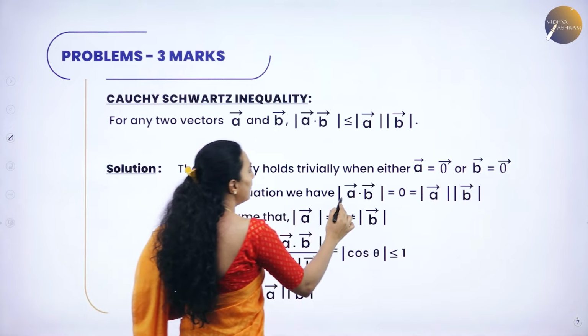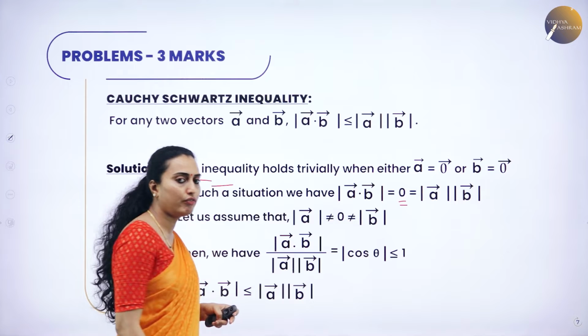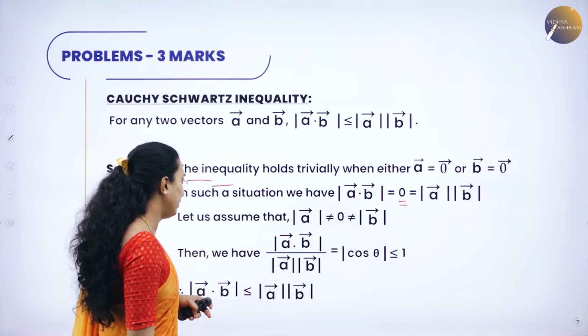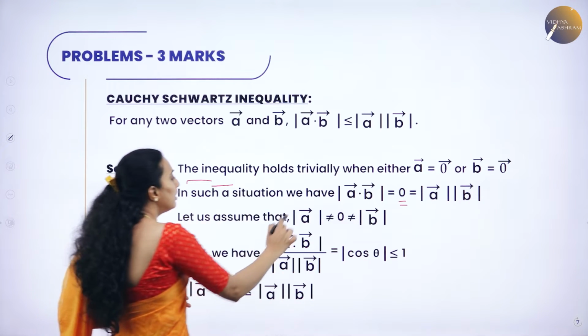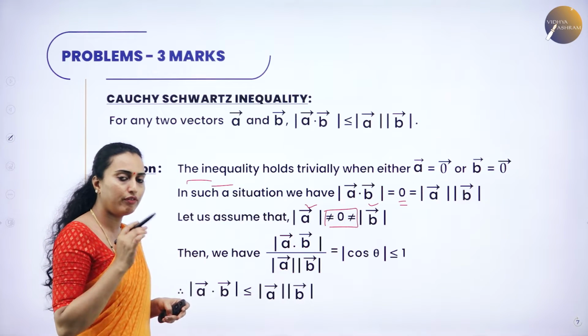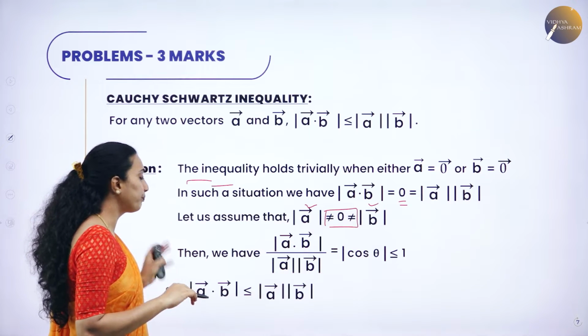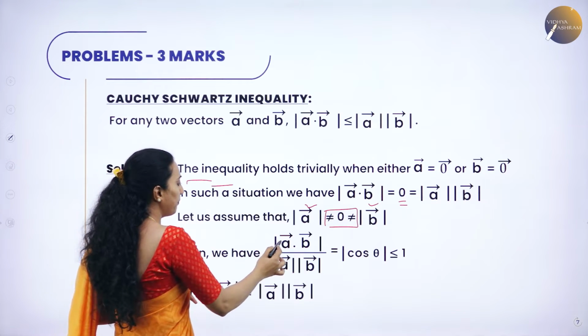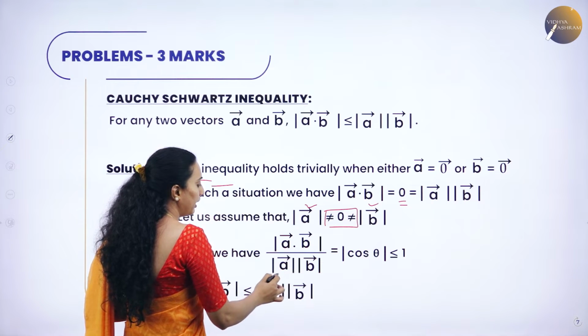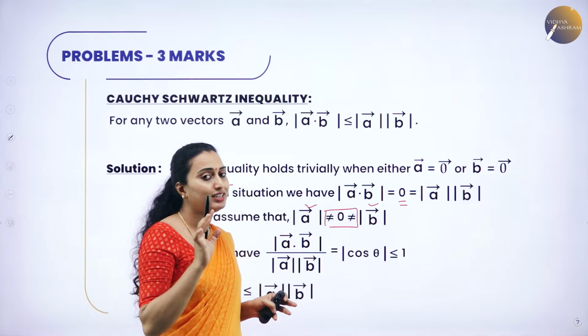In this situation, we have the magnitude of A equal to 0, which implies that the magnitude of A dot B is 0. But let us assume that these two vectors are not equal to 0, that is, the magnitude of A is not equal to 0 and the magnitude of B is not equal to 0. Then we have the magnitude of A dot B divided by the magnitude of A into the magnitude of B, which we know is cos theta.